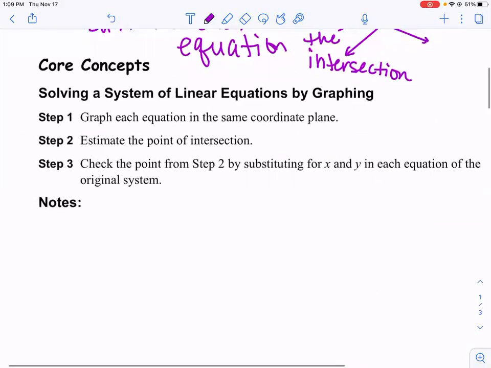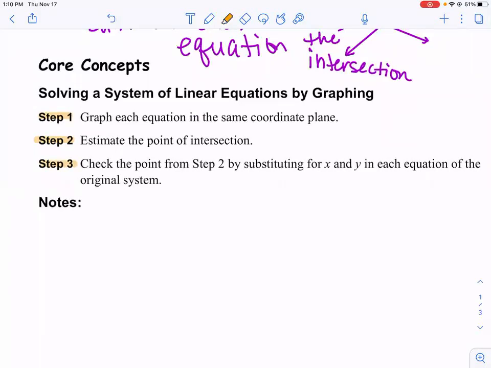All right. When I ask you to graph to find the solution, you're going to figure out the point of intersection, but you always, I repeat, always check your answer. How do you check your answer? You do what you did last night. You plug it into both equations to make sure it actually works in both.